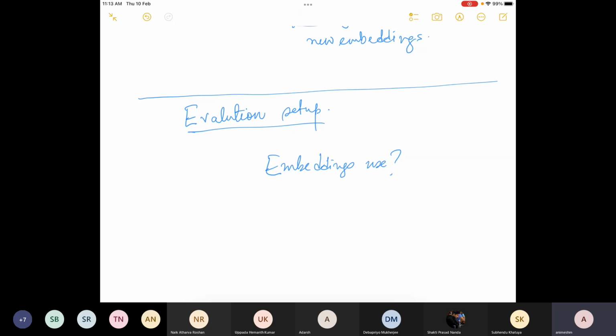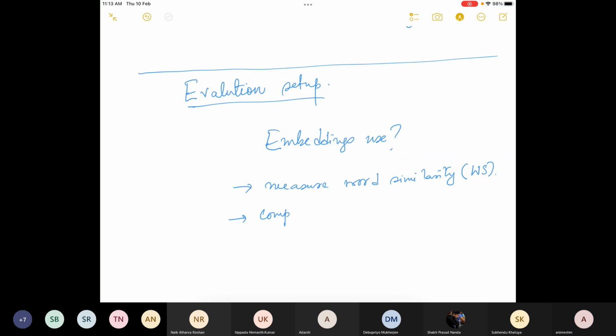So like we want some of the problems to be solved using embeddings. So typical uses of embeddings are to measure word similarity. Let's call this task WS. Okay.